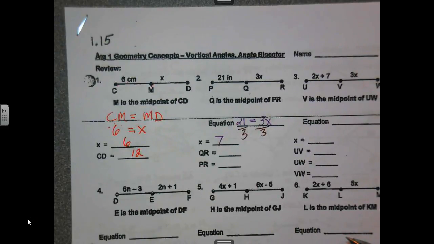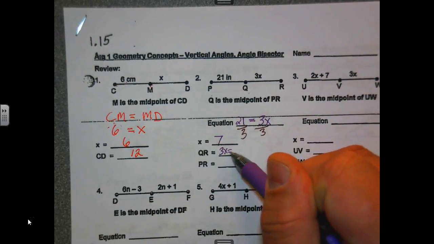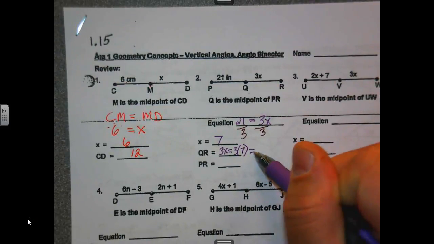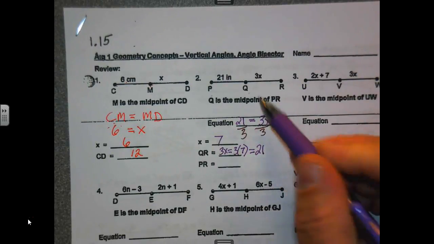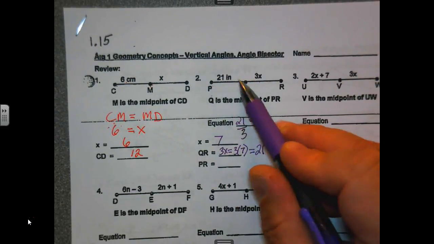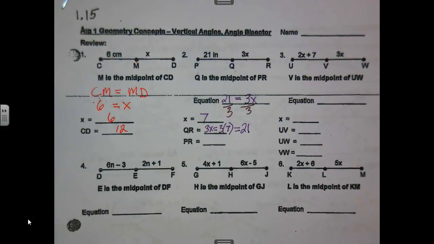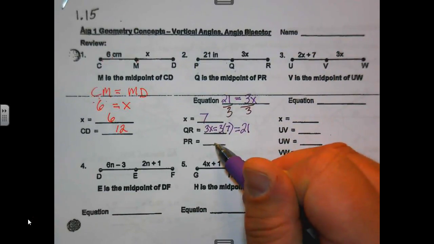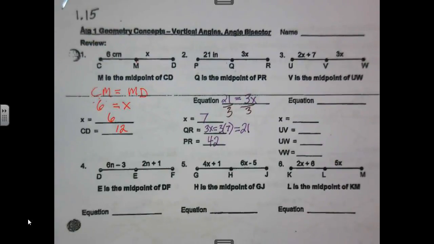What's x? x is 7. 3 times 7 is 21. You could have just looked at the measurement of PQ because you know these two are equal. What's PR? That's right, 42. Double 21.